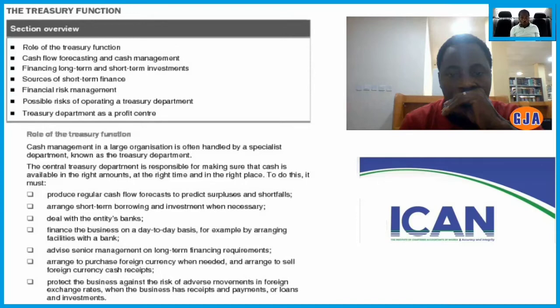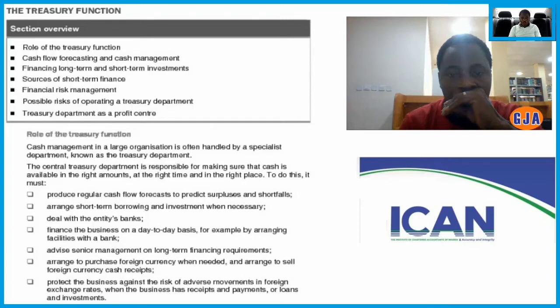We must know and manage it as treasurers. And then if we have surplus for any reason, we must know how to invest it to meet our need in the nearest future and accommodate our business function. Also, we must deal with the entities, banks and bankers.